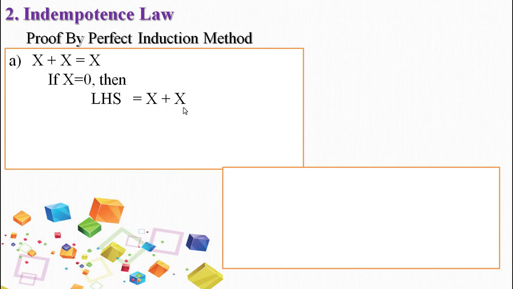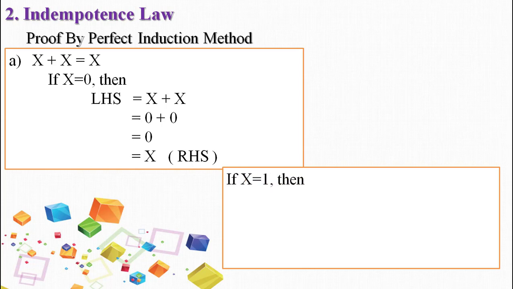Now substitute the value of x, that is 0. So it is 0 plus 0. By the addition, you know 0 plus 0 is nothing but 0. 0 is the value that you have given for x. So that is nothing but x, that is nothing but proving the RHS, right hand side value.